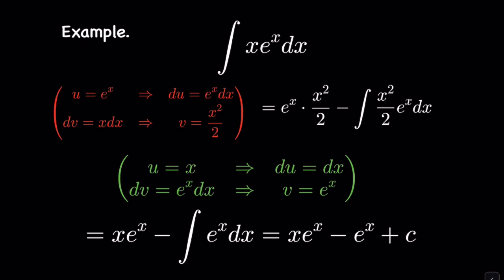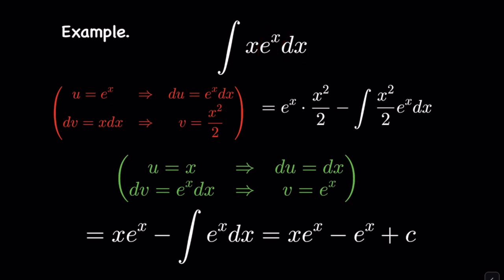Let's look at this first example. Suppose we would like to integrate the function x e to the x. I'm going to take u to be equal to e to the x and the rest, which is x dx, as dv. So what I have here now is u dv.